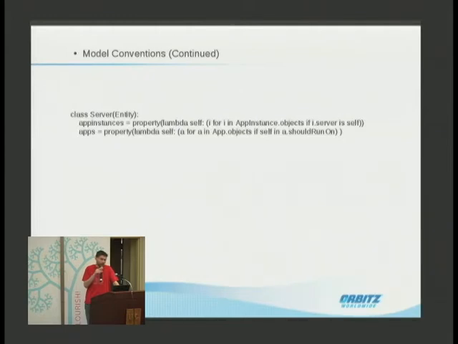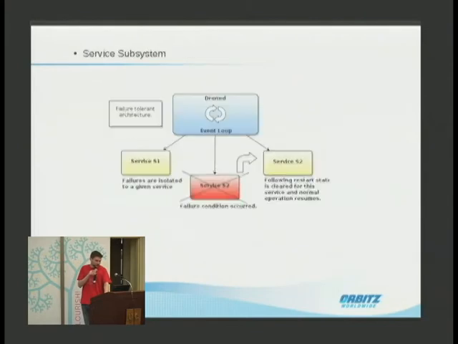The server class has an apps property, and all it does is enumerate the app object and pick the one that matches based on what should run on that server. And I'm going to skip this for brevity's sake.